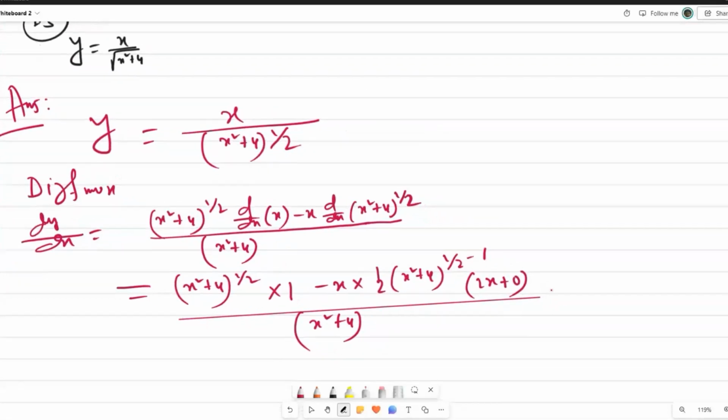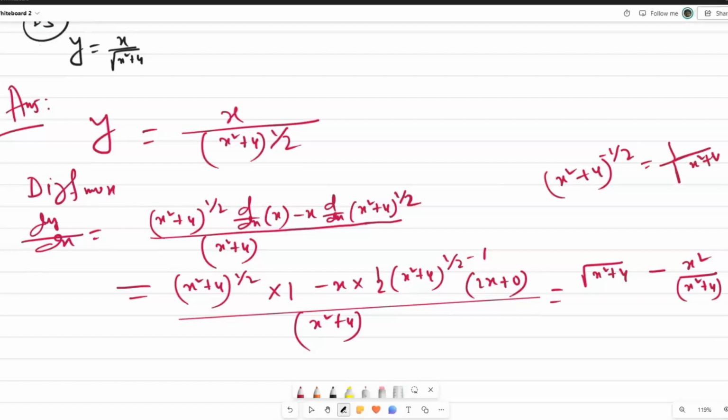So this is root x square plus 4; minus half minus 1 is minus half. I hope you have this indices concept. x square plus 4 to the power minus half. This is 1 by root x square plus 4. So x square by 2 gets cancelled.